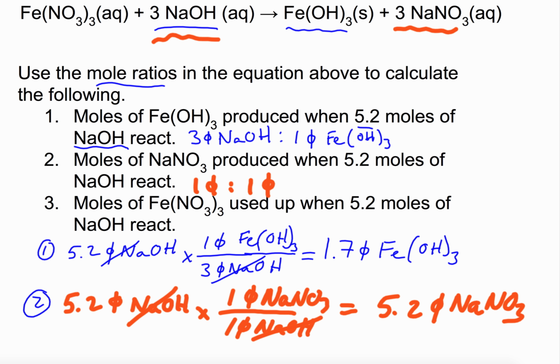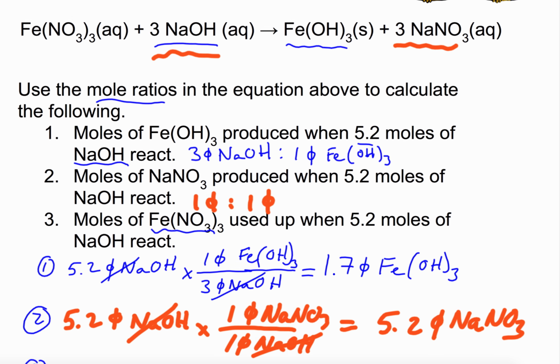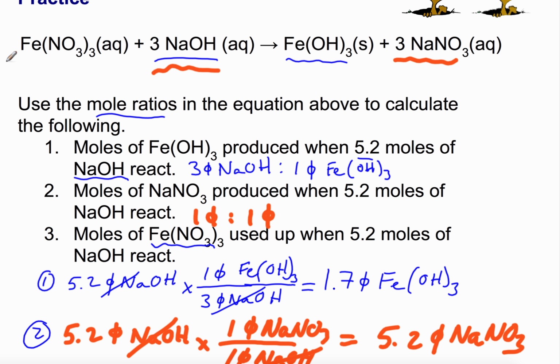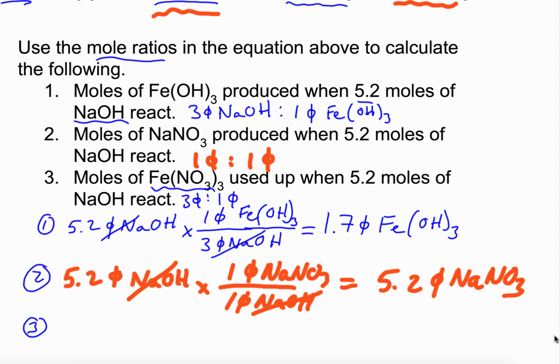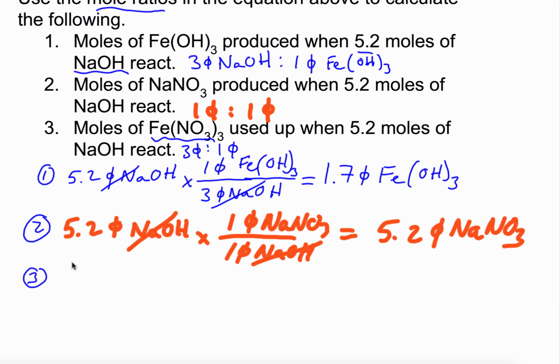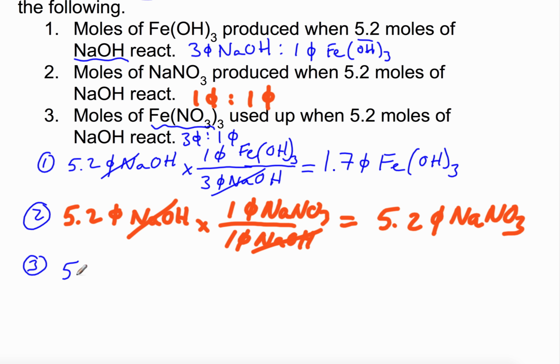For the last one, it asks for the moles of iron nitrate used up. This is interesting. I'm looking at the mole ratio between these two, which is going to be 3 moles to 1 mole, because that's a 3 and that is a coefficient of 1. It's still pretty simple to solve. I start off with 5.2 moles of NaOH again.